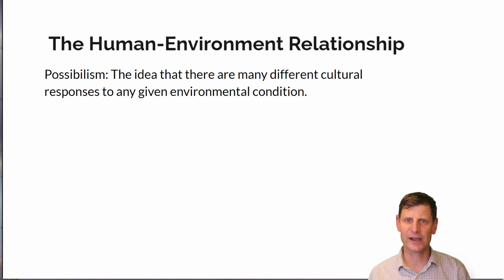So where does that leave us? The challenge here is that we went from this idea that the culture we see is caused by the environment in which it is based to anything is possible.